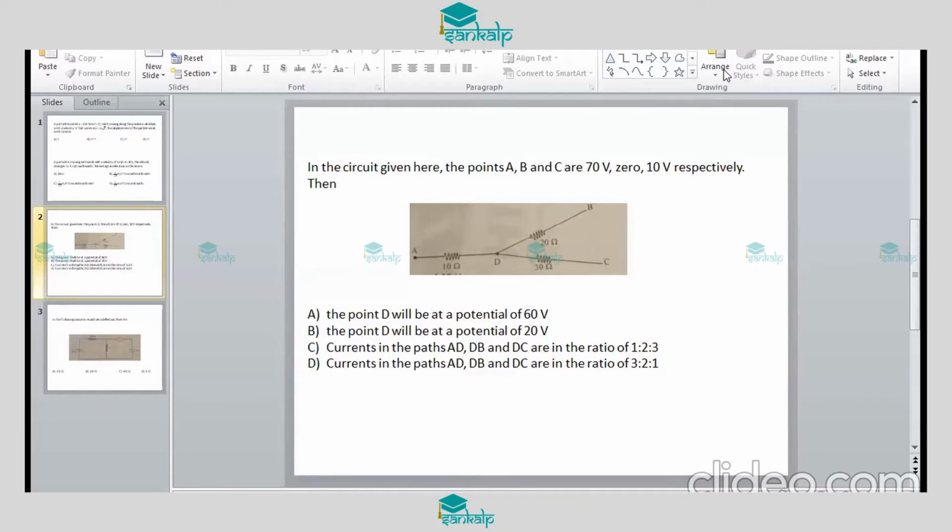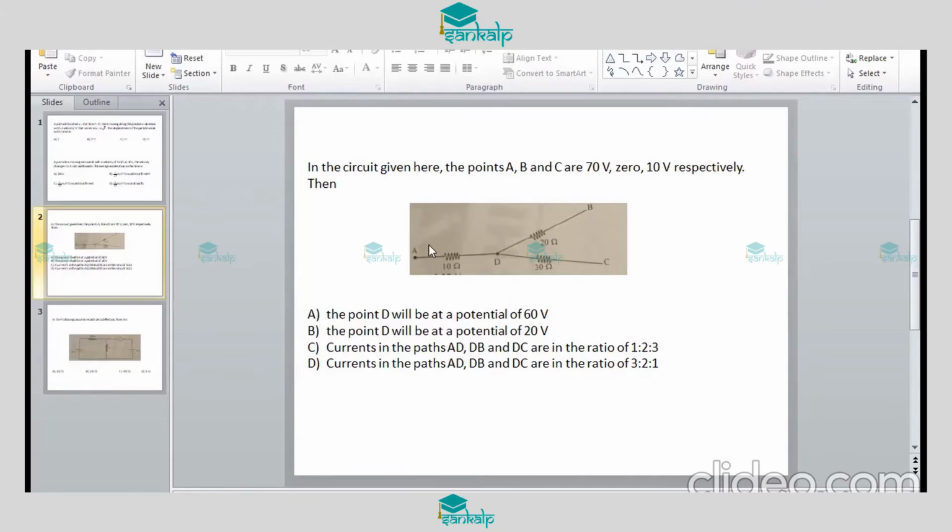This chapter is a scoring chapter where you can easily score, but you should know a few tricks and how to solve the problems. Okay, we'll see the first question here. In the circuit given here, the points A, B, and C are given, with different voltages.